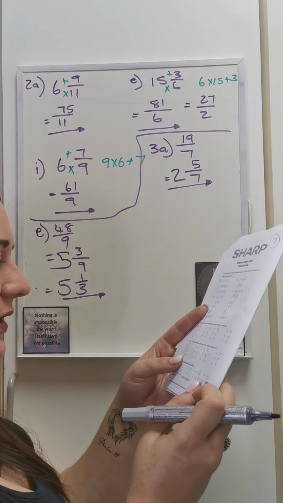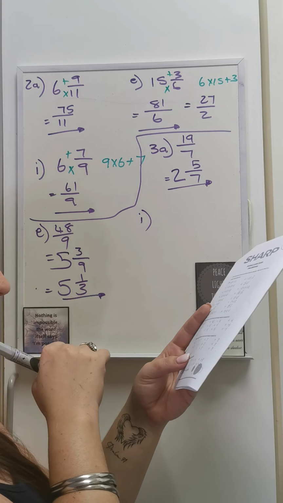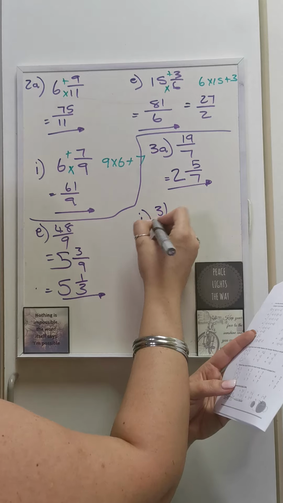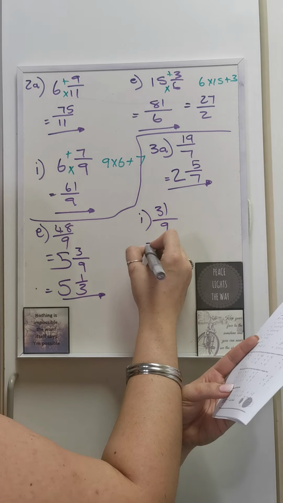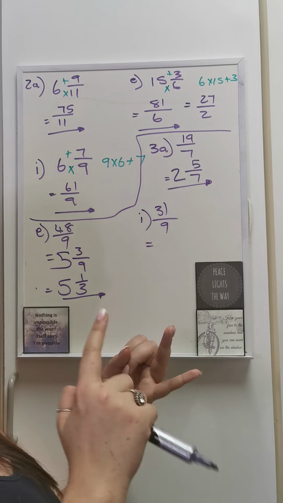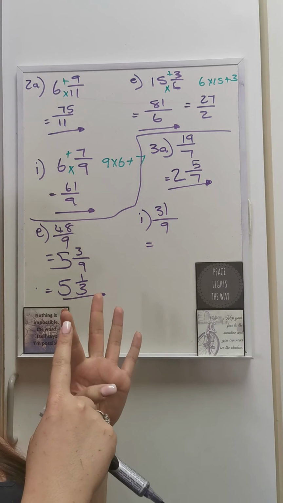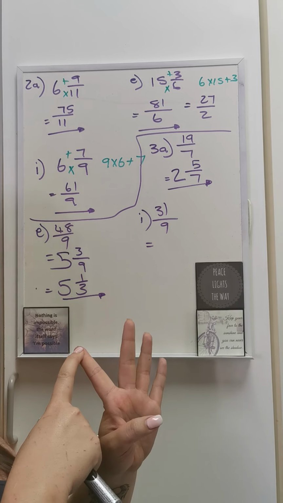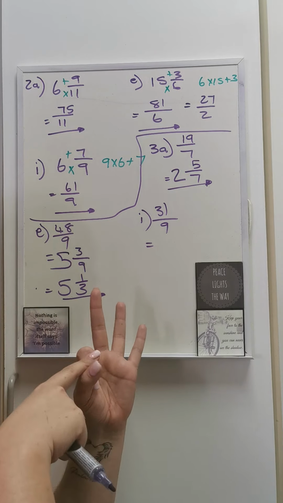Then the last one for this one, I will do I. 31 over 9. Again, we count 9, 18, 27, and 36. 36 is too much, so we go back to 27.